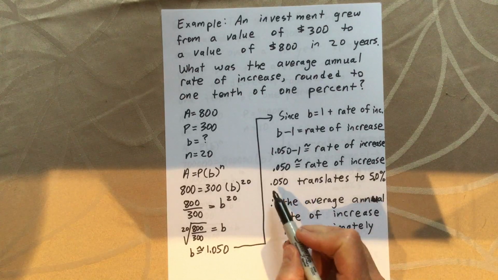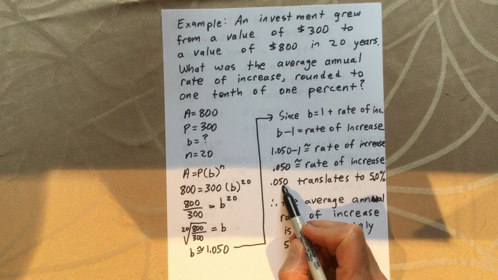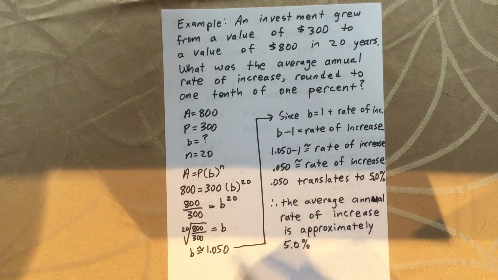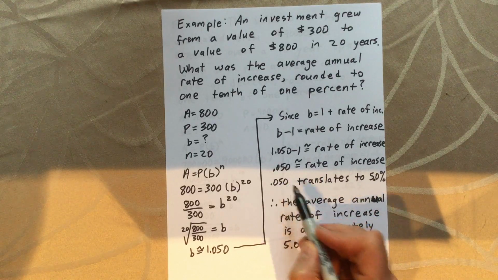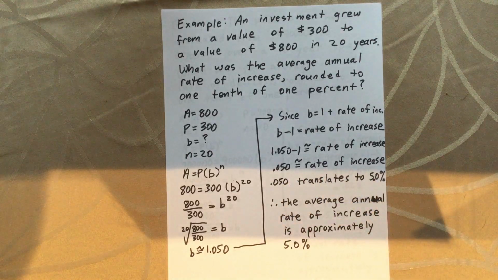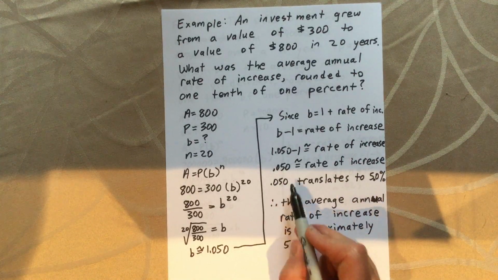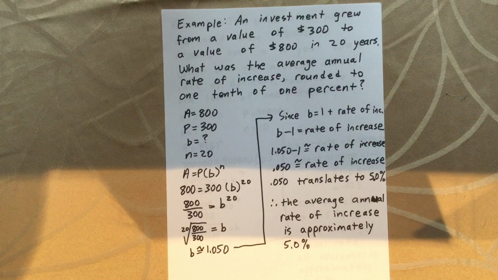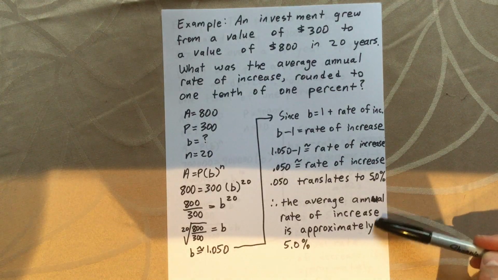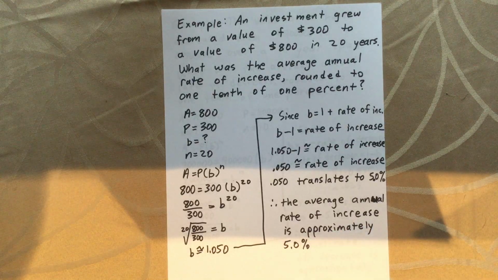When you want to figure that out, you move the decimal over 2 places. And it wanted the nearest 1/10 of a percent, which means we wanted 1 decimal place here. So because we wanted 1 decimal place here, we wanted 3 here because we knew we were going to move the decimal to the right 2 spots. So what that means is the average annual rate of increase is approximately 5.0%.